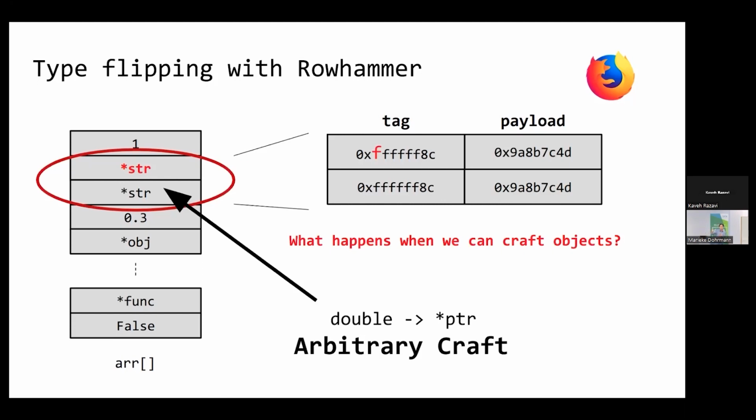And then once you know that, if I store a different object here and flip that bit, I get the type-flipping primitive that I'm looking for. Yeah, exactly. This is information that you can gather beforehand. You can look at the browser, see how it works, and then craft your exploit that way.